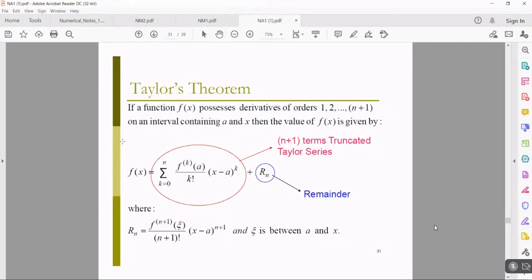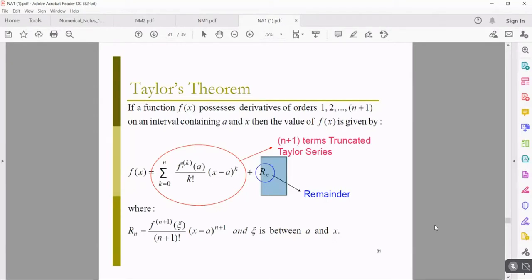So this is also the remainder form of the Taylor series theorem, which you already learned in your first semester itself. Here we have an n-term expansion, and then we take the remainder, that is the error, as R_n equals f^(n+1) derivative at xi upon (n plus 1) factorial times (x minus a) raised to power n plus 1, and xi is between a and x.